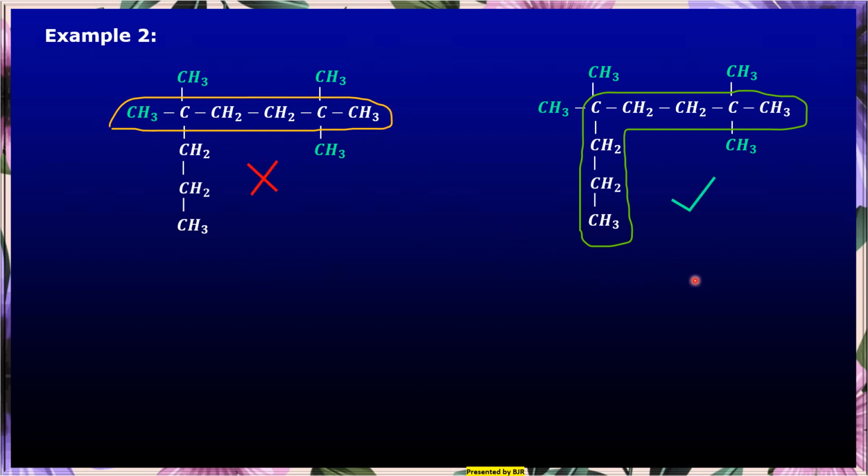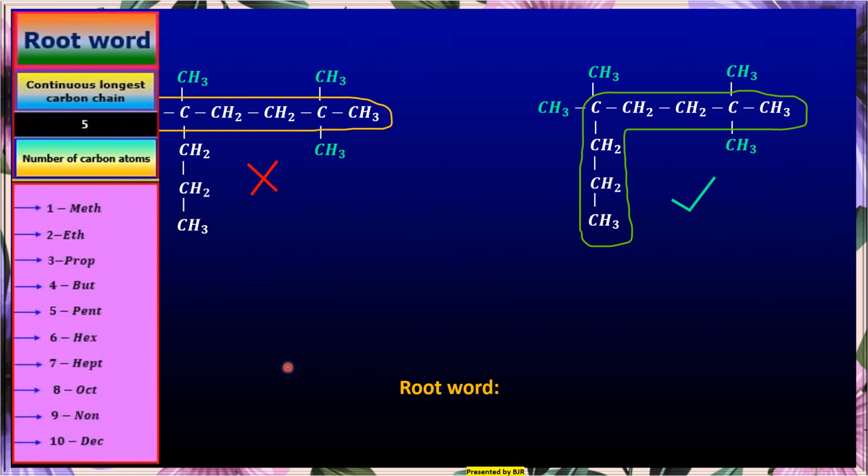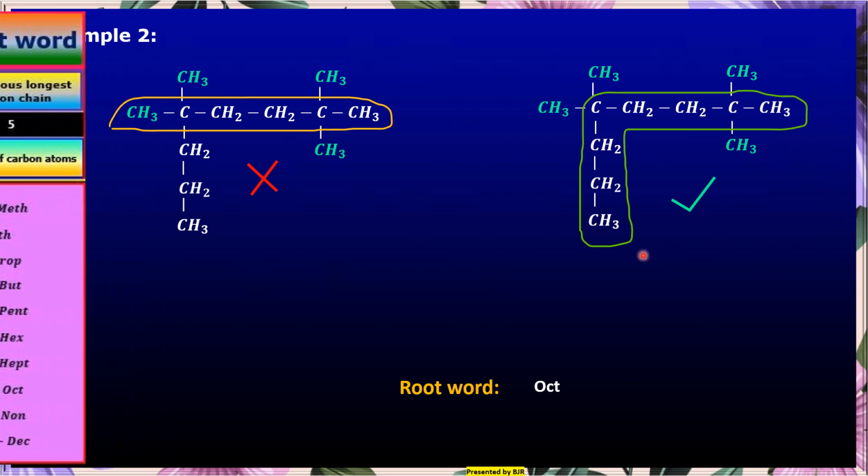We have to select this as the parent chain, and the remaining side chains, here 2 methyl groups are there and here 2 methyl groups are there. These are called substituents. So in the parent chain there are 8 carbon atoms. The root word is oct. That means this alkane is the derivative of octane.